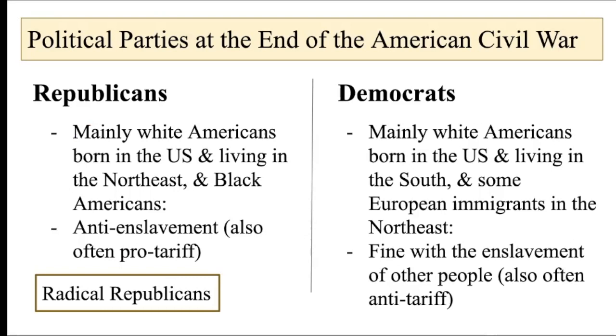The Democrats at the end of the Civil War were mainly white Americans born in the U.S. and living in the Southeast, and some European immigrants to the Northeast, and we won't worry about these yet. These people were generally fine with the enslavement of other people and also were often anti-tariff.